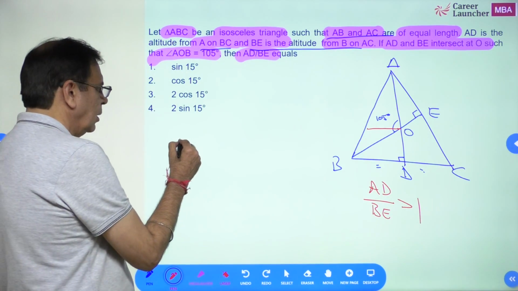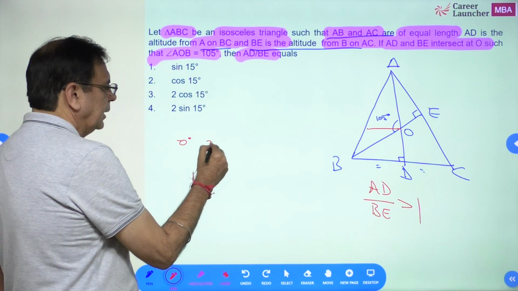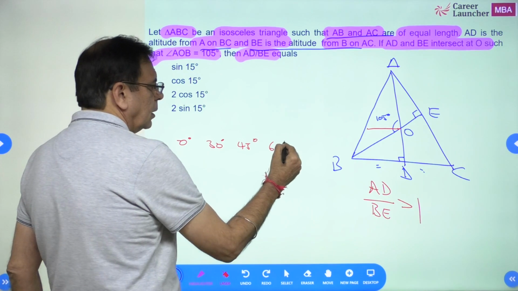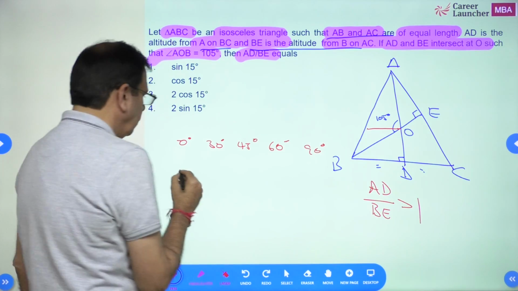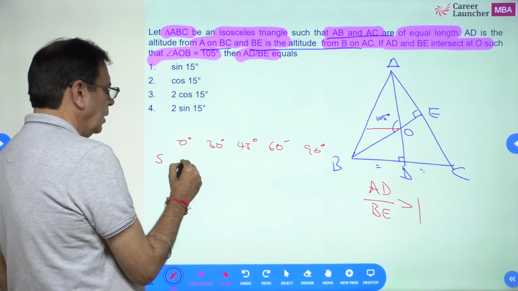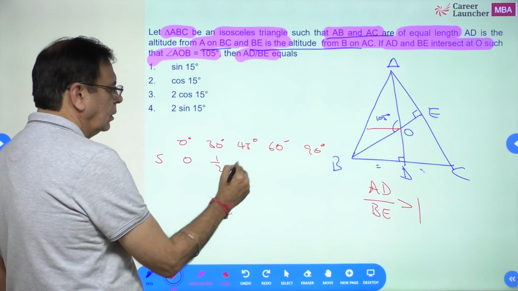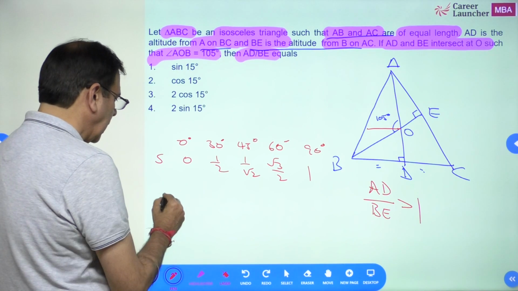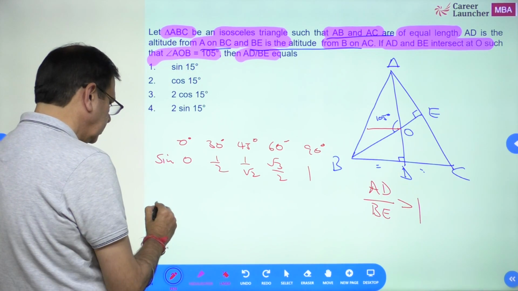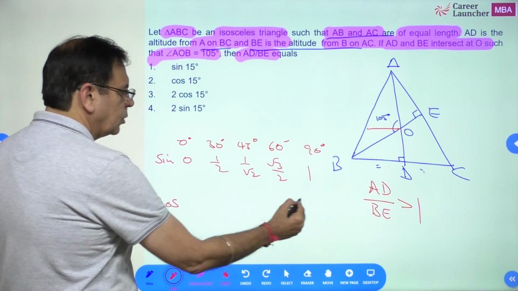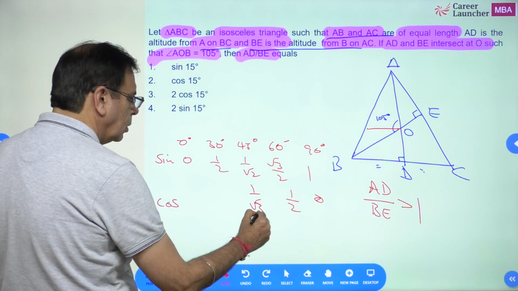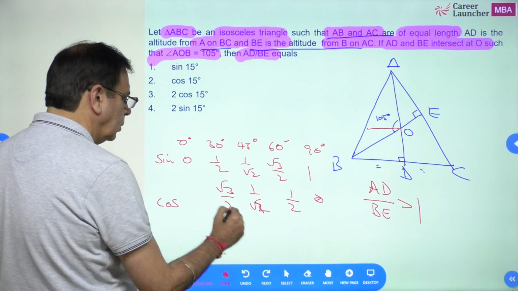Now let's look at this. 0 degrees, 30 degrees, 45, 60 and 90. For sine theta, what is it? 0, half, 1 by root 2, root 3 by 2 and 1. And for cos theta, it is the reverse, which means 1, root 3 by 2, 1 by root 2, half, and 0.